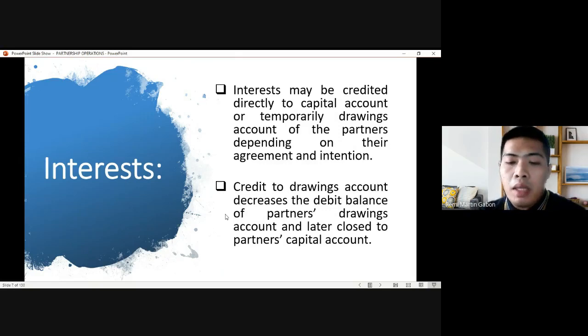But the common practice is that the partnership accounts it as a charge muna dun sa drawings account, then later on closes the drawing account to the capital account, or some other presentation may have it directly increase the capital account. Okay, so later on we're going to illustrate it in the problem solving.